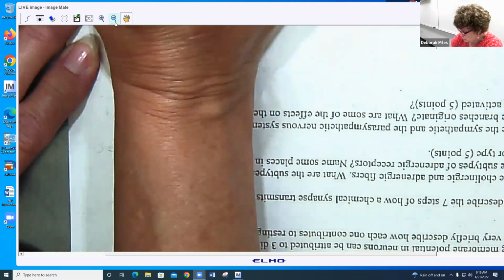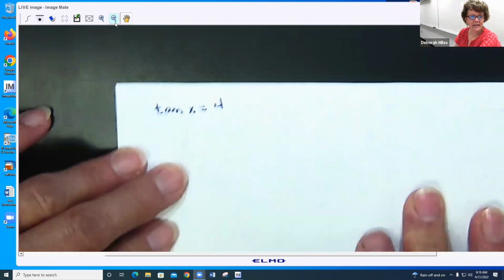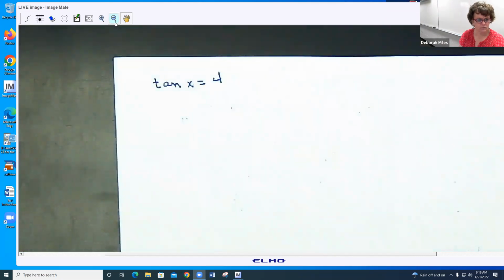Tangent x equals 4. How can I find the angle whose tangent is 4? The angle whose tangent is 4.